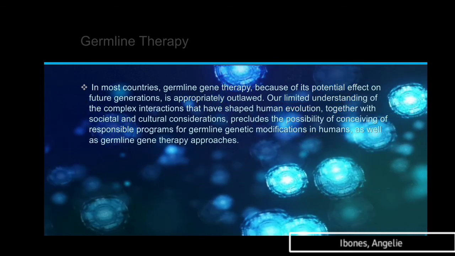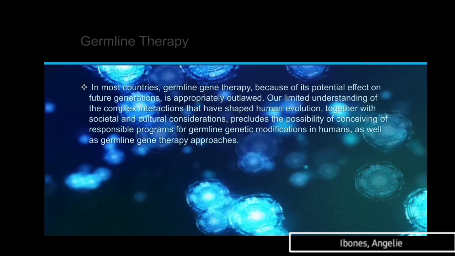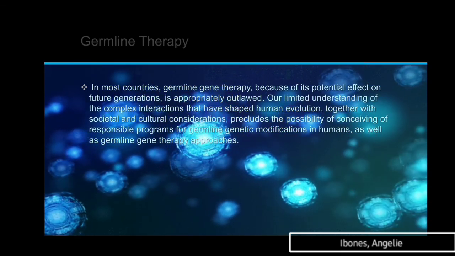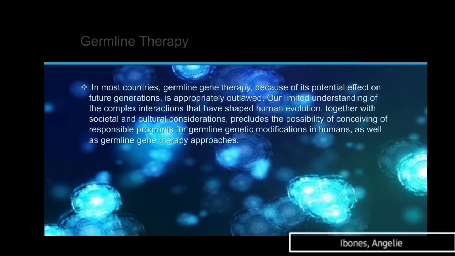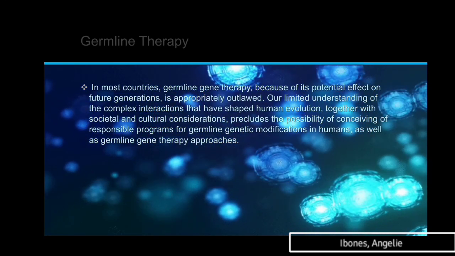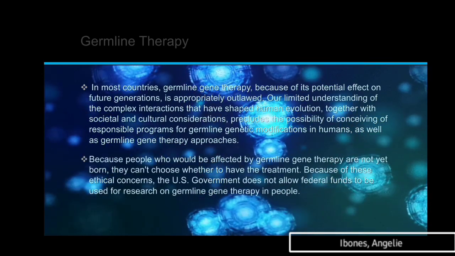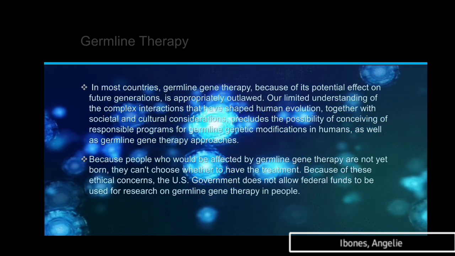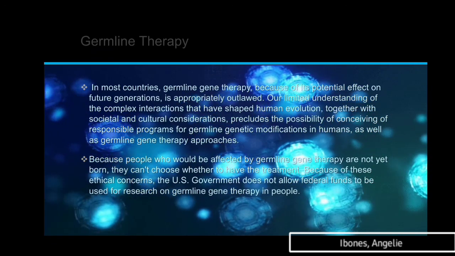Our limited understanding of the complex interactions that have shaped human evolution, together with societal and cultural considerations, precludes the possibility of conceiving of responsible programs for germline genetic modifications in humans. Because people who would be affected by germline gene therapy are not yet born, they cannot choose whether to have the treatment, because of these ethical concerns.